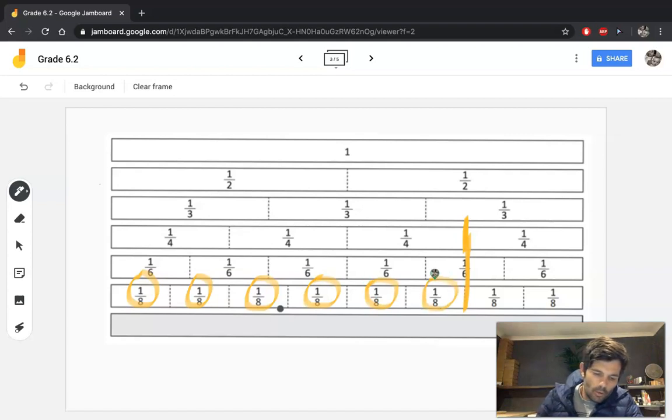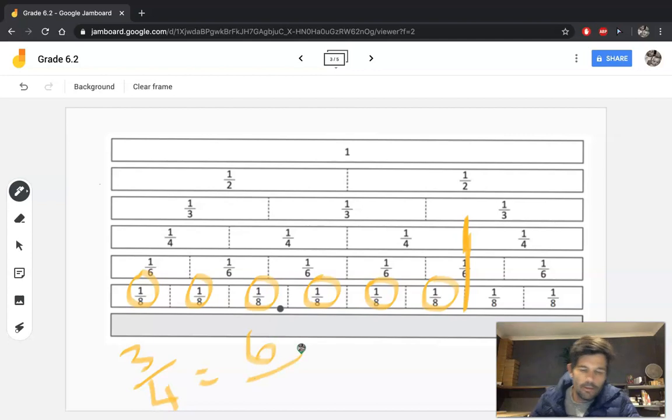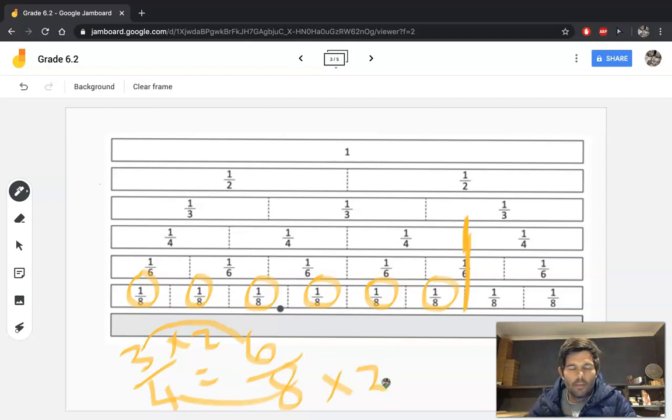So 3/4 is equal to 6/8. And again, to get from 3 to 6, I've multiplied by 2, and to get from 4 to 8, I have also multiplied by 2. Staying with that rule, whatever I do to the denominator, I'll do to the numerator, or the other way around.